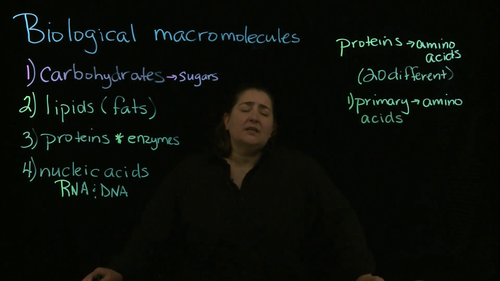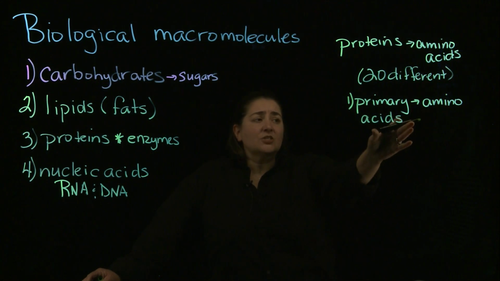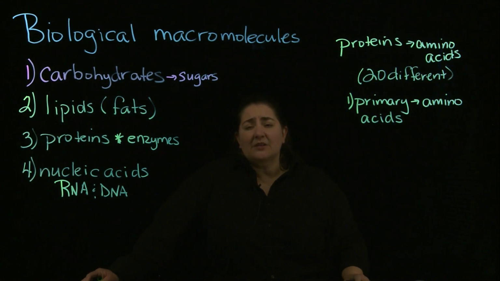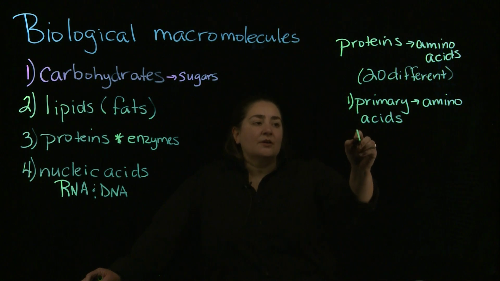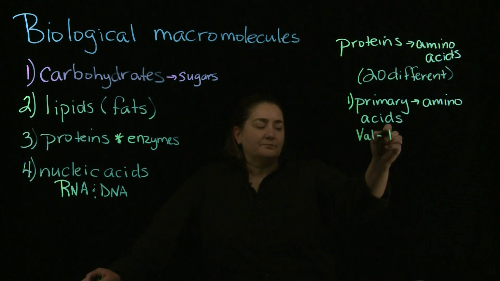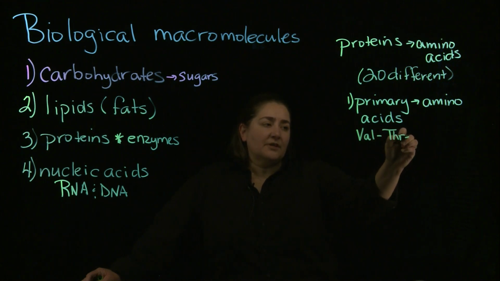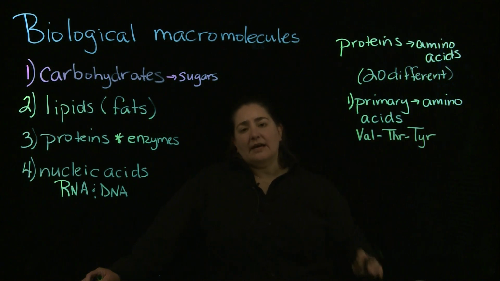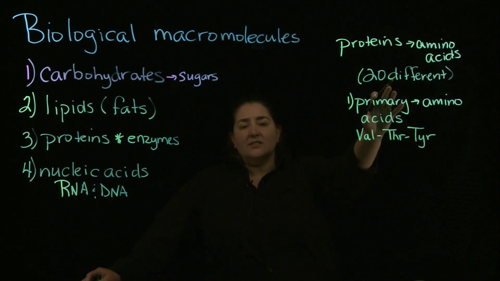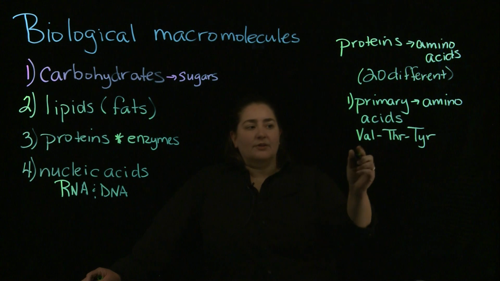The order that those amino acids are linked together is what makes up the primary level of organization of proteins, all right? So if we have a valine, say a threonine, a tyrosine, the order those amino acids are in, that's our primary structure, okay?